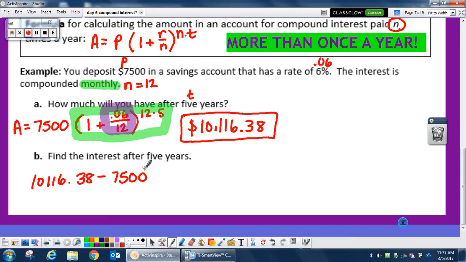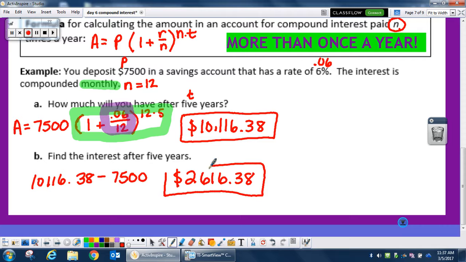So this time your account earned $2,616.38 in interest. Okay, so you can compare that the more you put into the savings account and the longer it's in for, the more interest it's going to earn. So you want to make sure you choose a bank that has a good interest rate, and the longer you keep it in there untouched, the more interest it's going to earn.